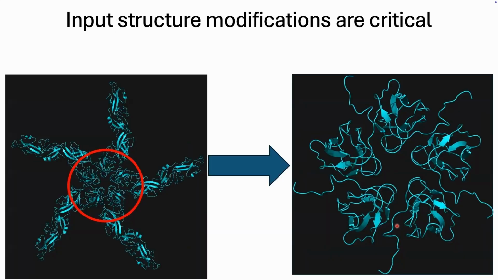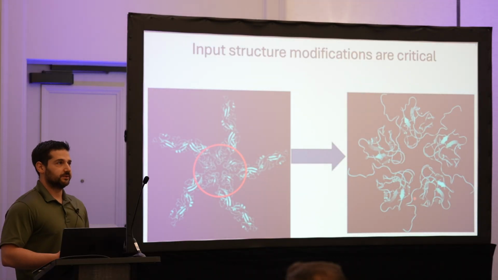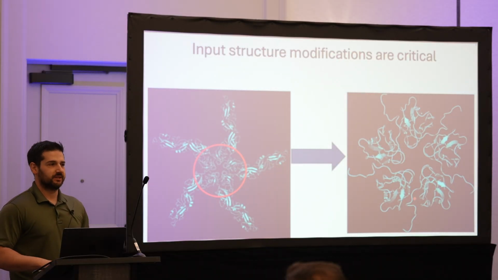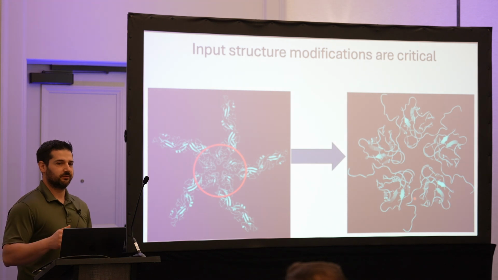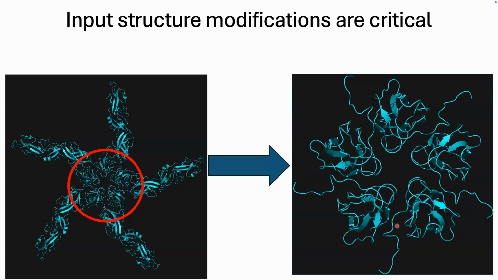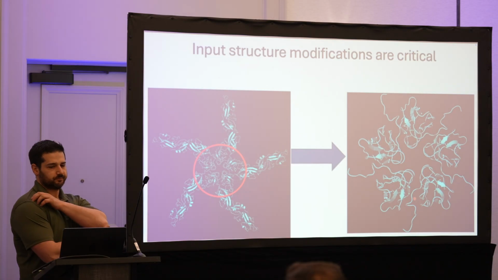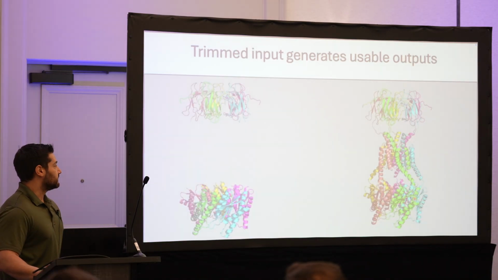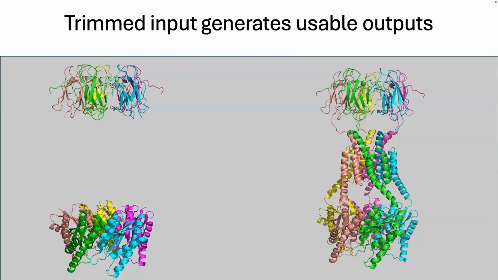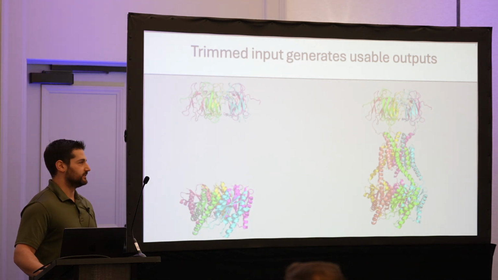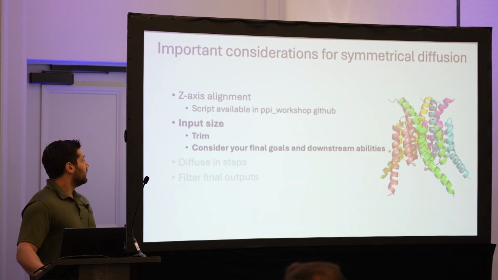What I effectively did was throw out 1,600 residues, which were not necessary for what the model had to consider to generate a usable input. Now I put that on top of this, and we were able to get a nicely formed structure. And then we were able to get sequences, and this works.